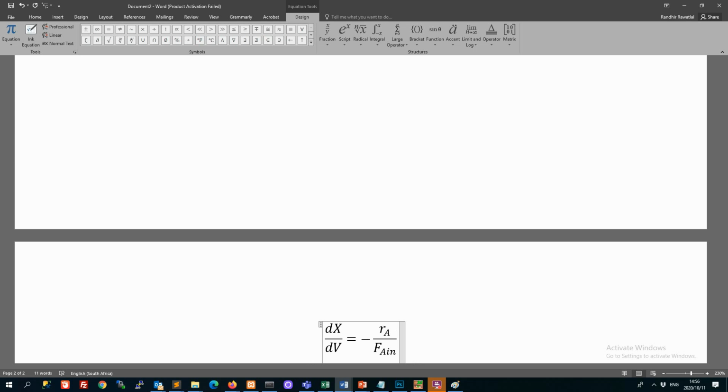And let's say this was for a second order reaction. So then if it's a conversion of A, then this will be k times C_A squared. And now you see your k there is a strong function of temperature.